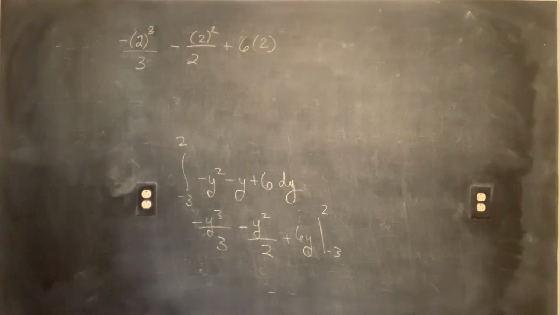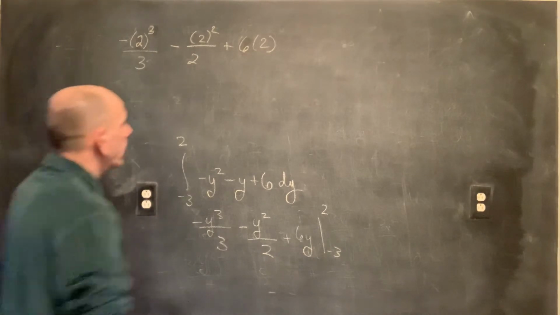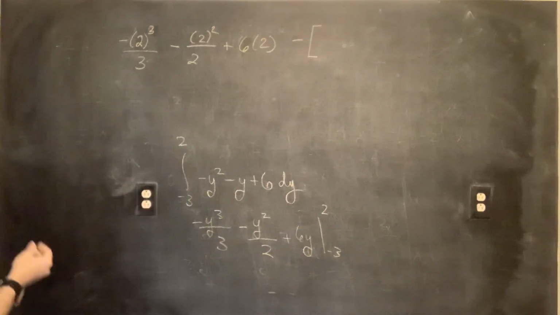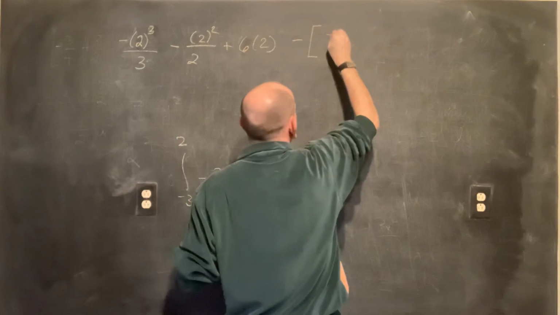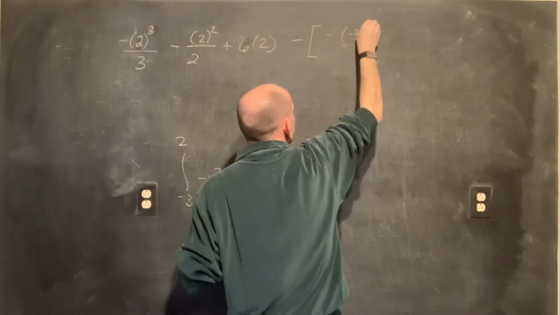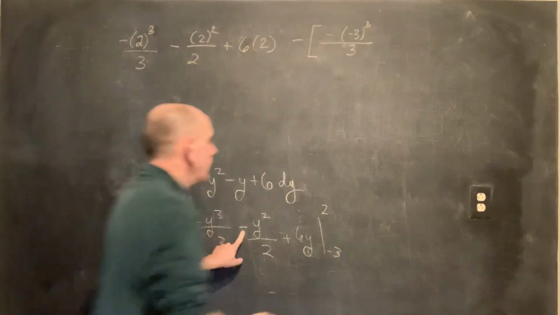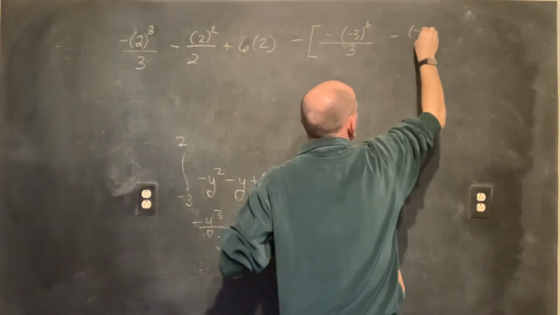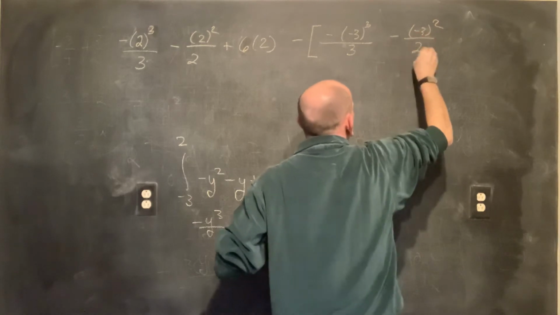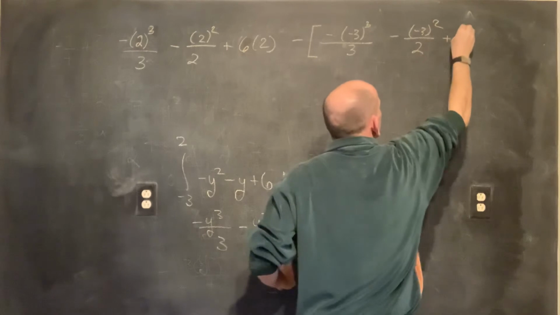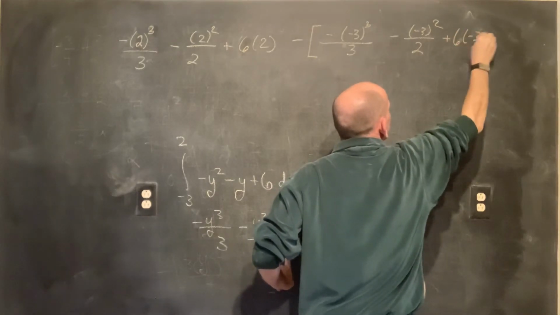Okay, there's evaluating at the upper bound. And minus, now we need to evaluate at negative 3. I have negative 3 cubed over 3 minus negative 3 squared over 2 plus 6 times negative 3.